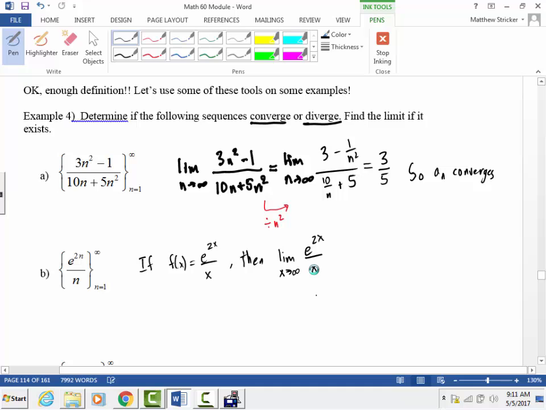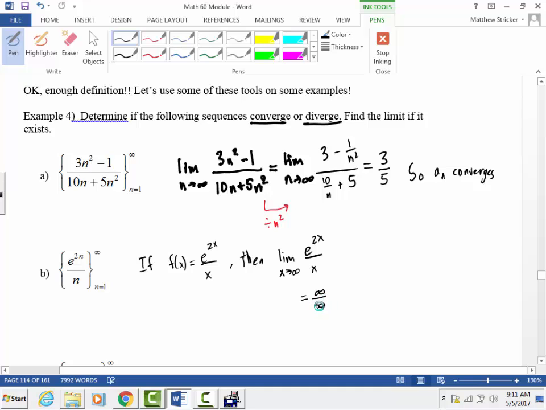What is that going to approach if you plug in infinity? What does the top approach? E to the infinity, which is infinity. And what does the bottom approach?